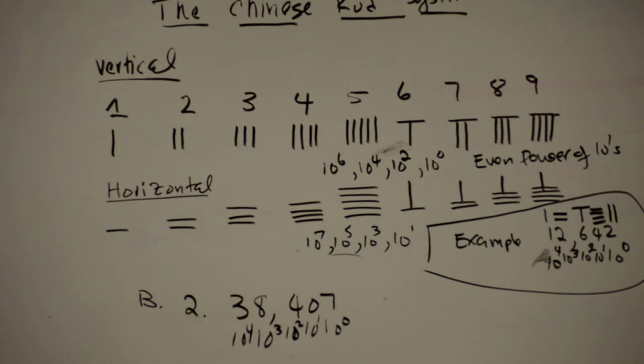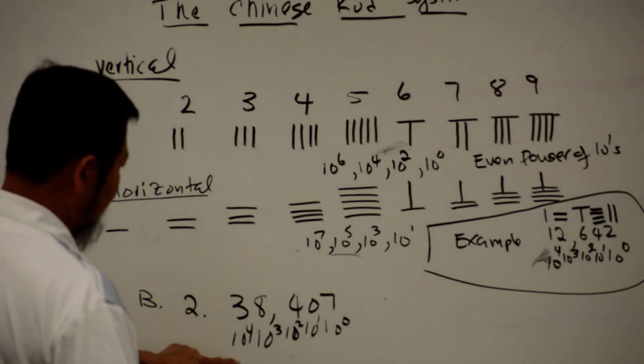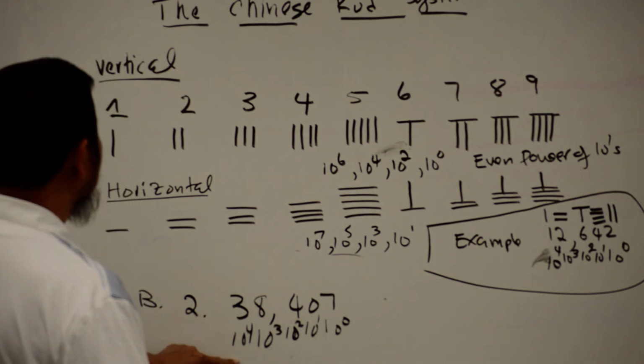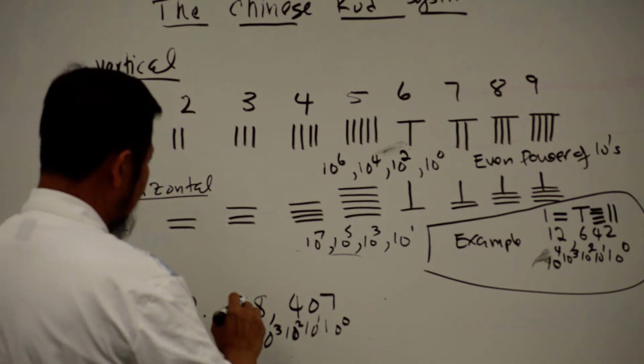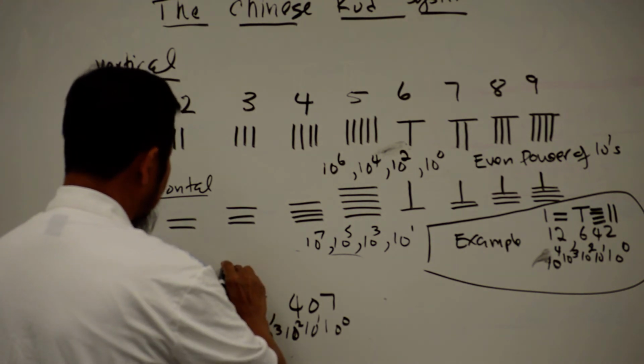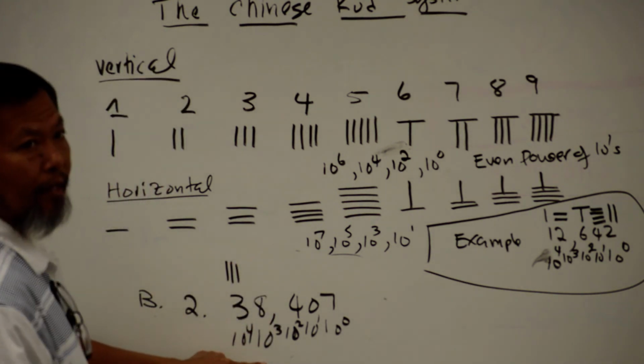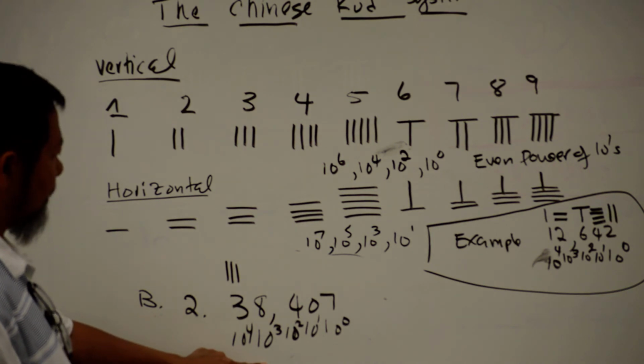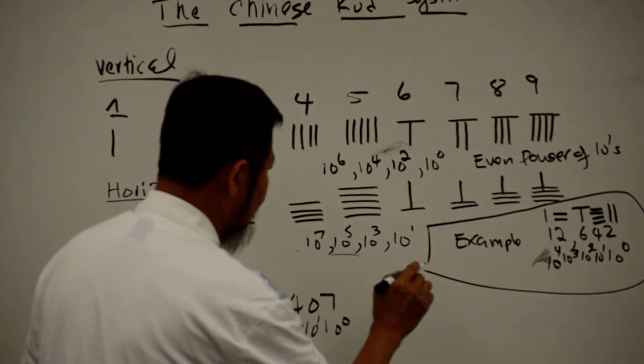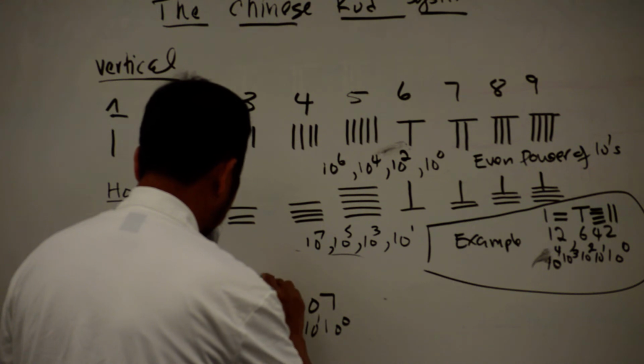All right, make sure my camera is taking it. Let's look here. 10 to the 4th for 3, right? Which is a vertical line. So vertical arrangement, this 3 is 1, 2, 3. 8 is 10 to the 3rd, that's 8,000, which is horizontal. 8 is 1, 2, 3, 4, 5, 6, 7, 8.